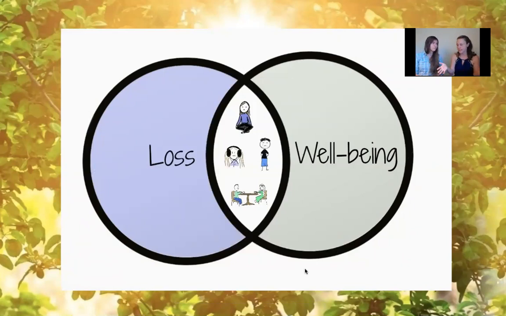But then you'll see on the other side of this diagram, we have well-being. And so we think a lot of coping that falls under that well-being heading allows us to not only process our grief, but also to take a break from time to time. When we talk about well-being, we again go back to positive psychology. Martin Seligman has this theory of PERMA, and he talks about how positive things that help boost positive engagement, so positive emotion, engagement, relationships, and a sense of meaning and accomplishment, can contribute to well-being.